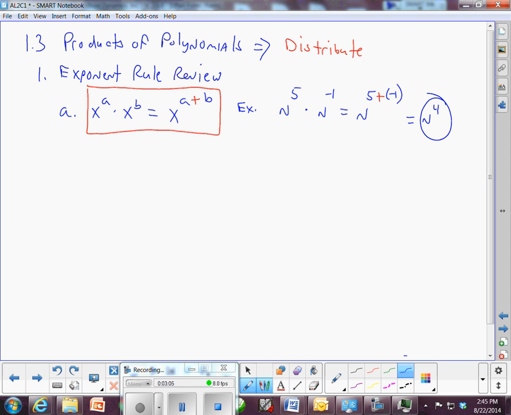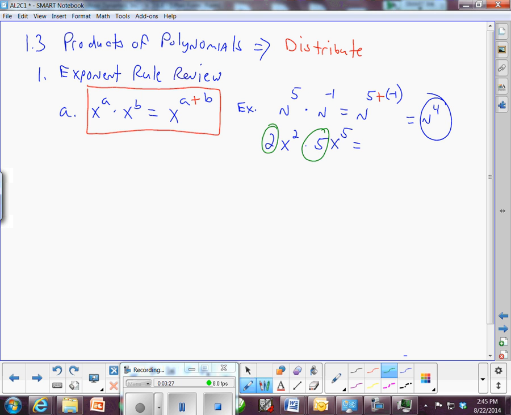What about if you have coefficients? That's possible. So let's suppose we have something like this. How about 2x squared times 5x to the fifth? All right, well, remember, with multiplying, you're going to multiply coefficient times coefficient.